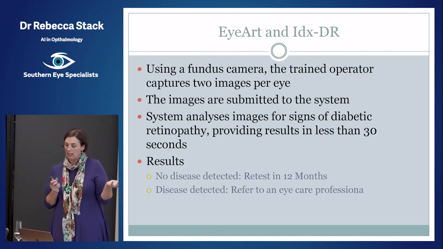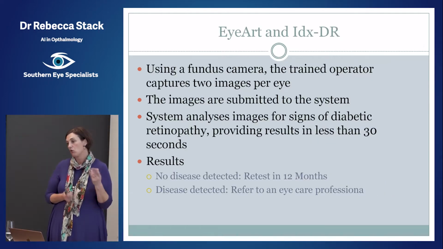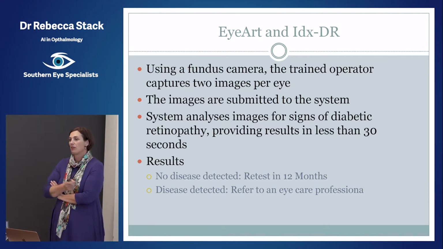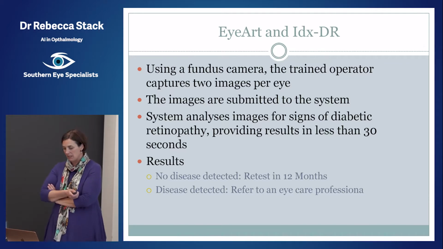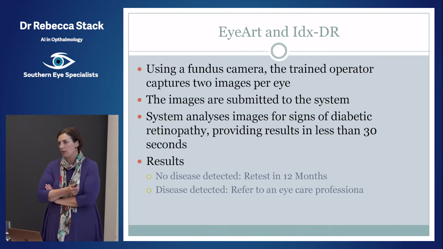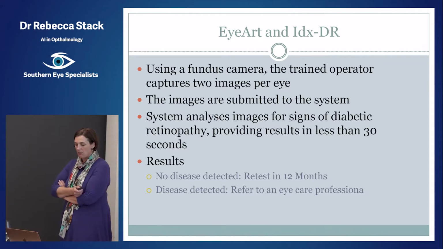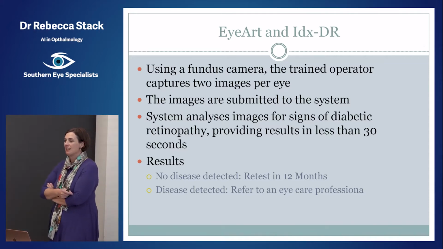Basically you have an ordinary fundus camera, and there are two specific types in the US that have been registered as compatible with this. There were two Canon cameras in this particular example. You have a trained operator who captures two specified images. The images are submitted into the system, and the system analyses them for signs of diabetic retinopathy, and in 30 seconds it tells you the results.